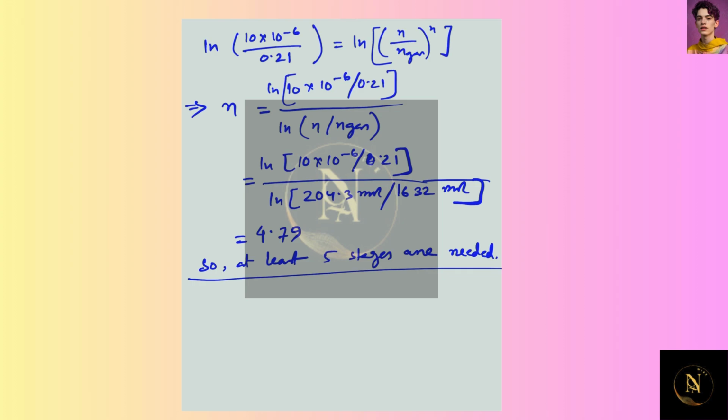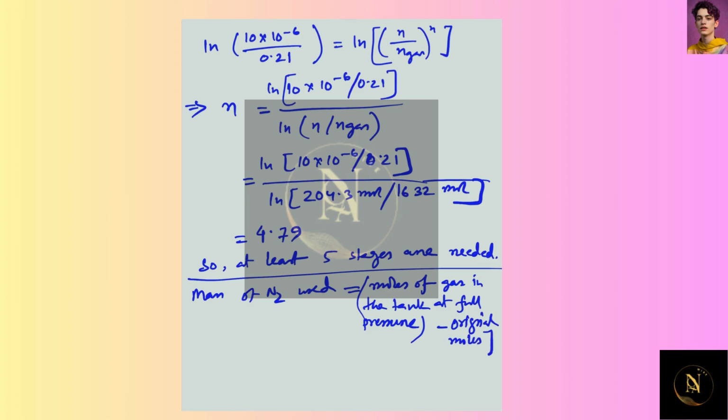Now let's calculate the mass of nitrogen. Here the mass of nitrogen used would be the moles of gas in the tank at full pressure minus the original moles, multiplied by the molar mass and the number of charges.